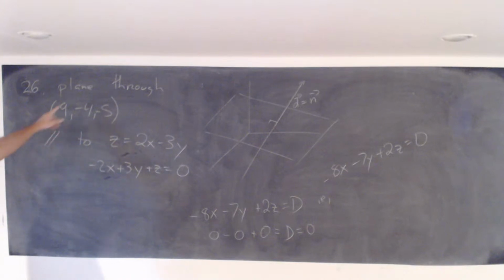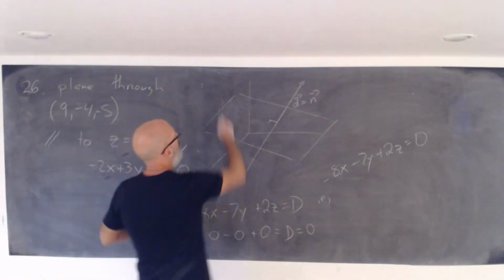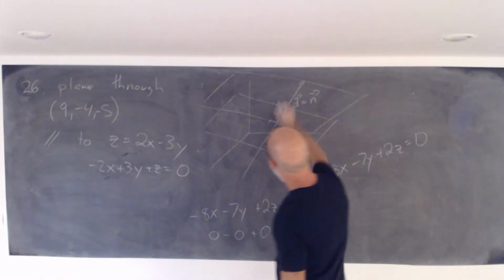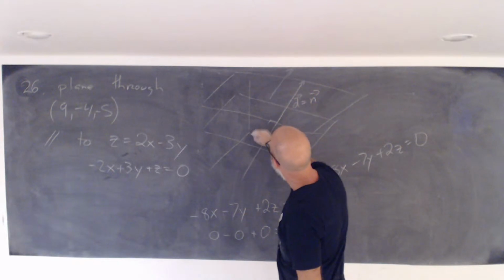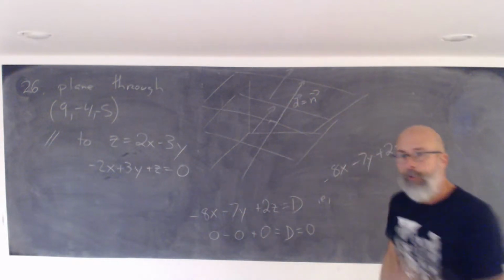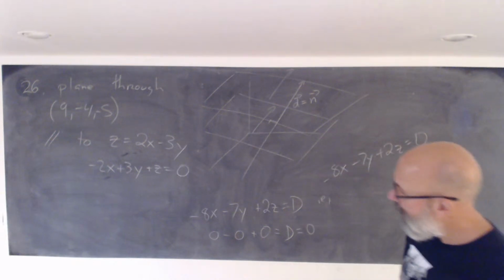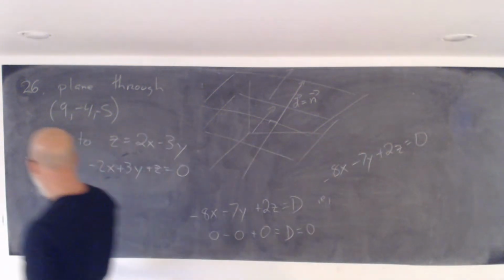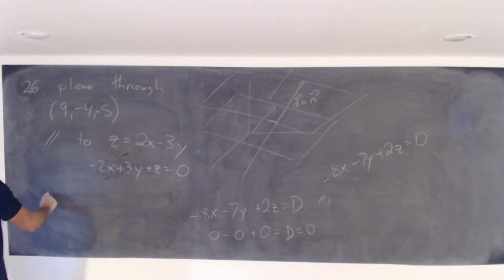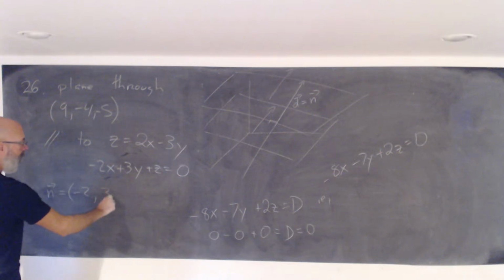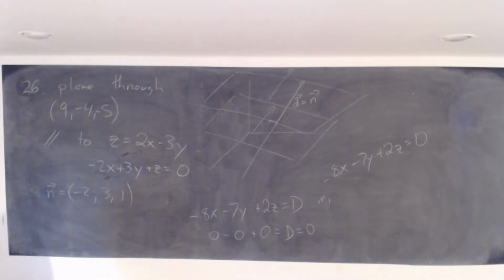So what do we want? We want the two planes to be parallel. If two planes are parallel, then their normals should be parallel, or in particular, the same. So we're going to take the normal to be the same normal, minus 2, 3, 1.